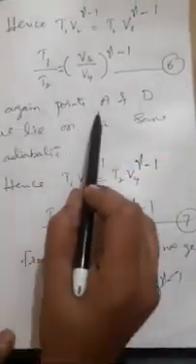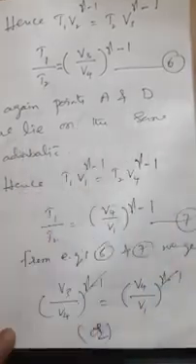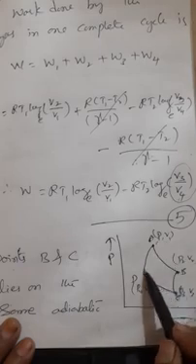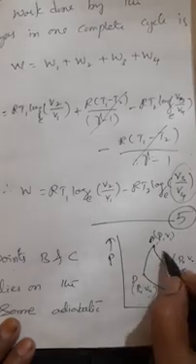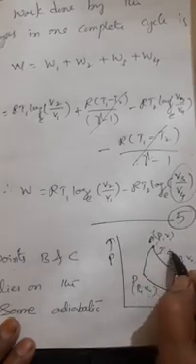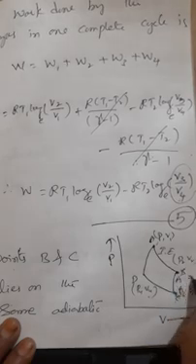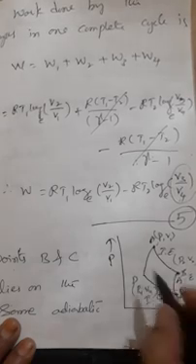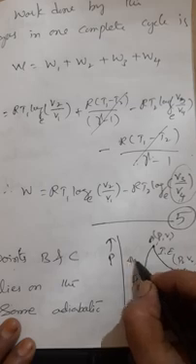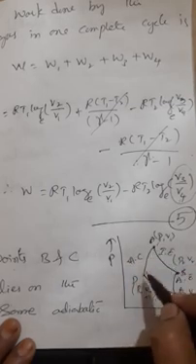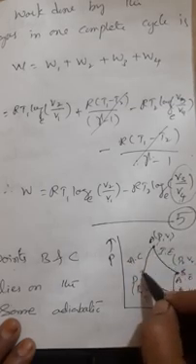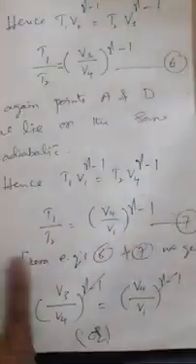Now again points A and D also lie on the same adiabatic. So this is isothermal expansion, adiabatic expansion, isothermal compression, adiabatic compression. So here both A and D lie on the same adiabatic.